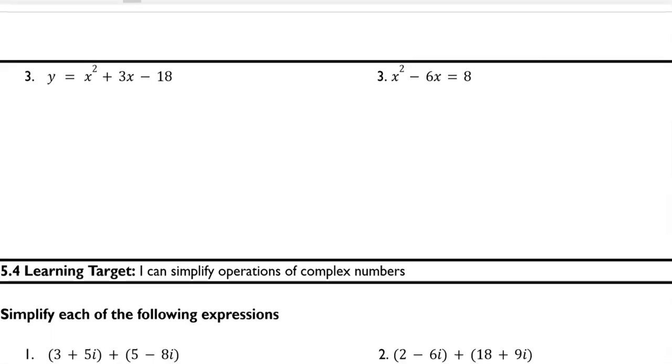Number 3. Here we have a, b, c, where a is 1. Now I'm going to teach you a little trick.